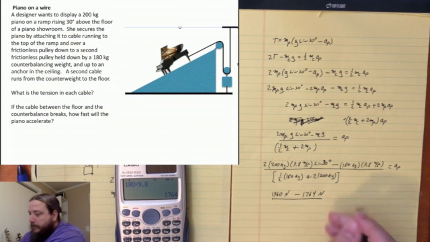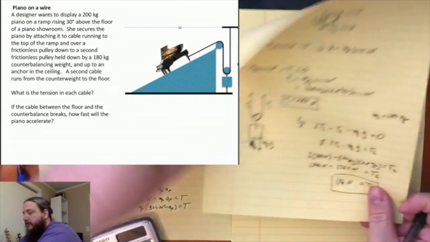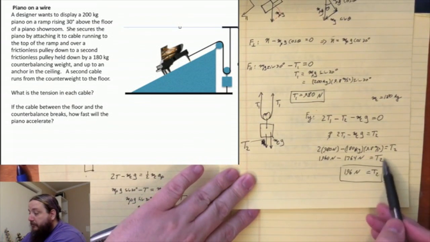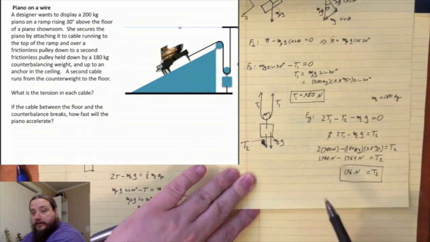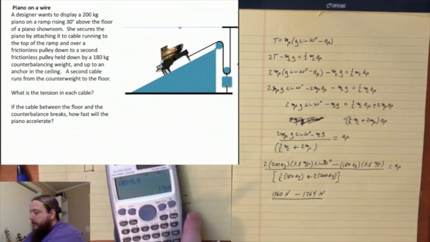Notice that that subtraction is exactly the tension 2T that we lost when that rope broke. Kind of neat.